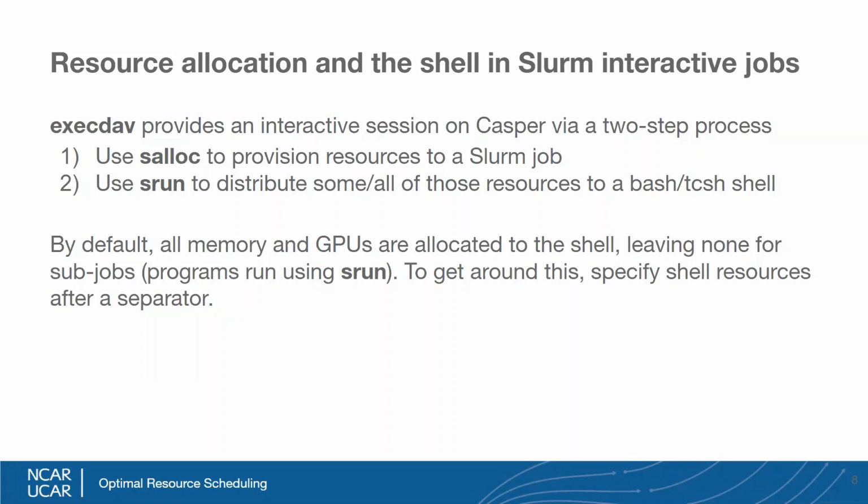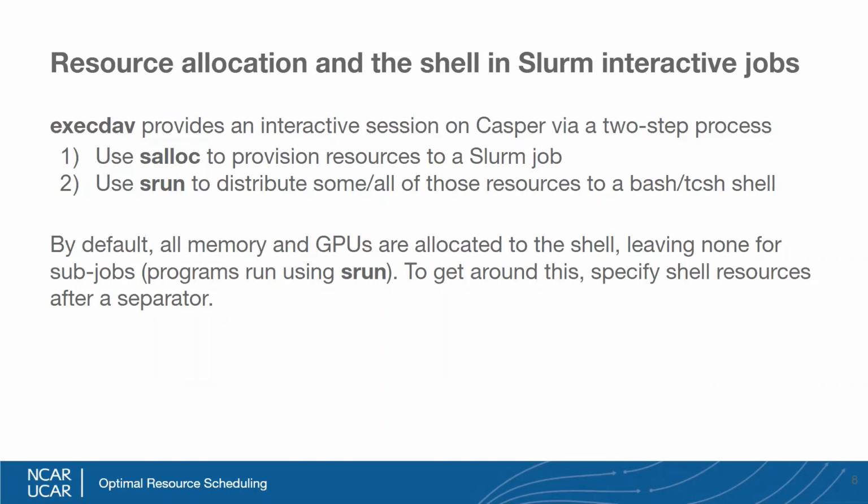With the base Slurm commands, you run an salloc, and that provisions the resources to a Slurm job. Then you use srun to distribute some portion of those resources to a process. In this case, we are distributing those provisioned resources to your shell process, either bash or C shell typically. So execdav combines these two tasks for you and simplifies that.